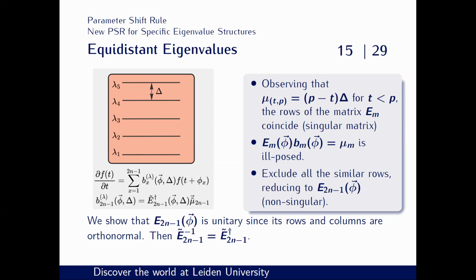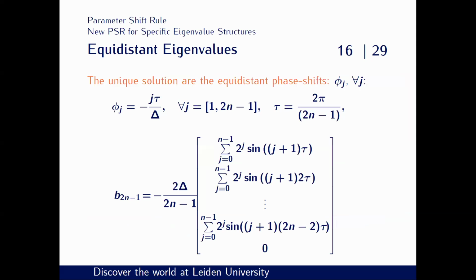And luckily, we don't even need to invert the matrix. We can just use the orthonormality condition. So the solution was really easy to get. We basically wrote this, and what we got is that the vector of B's is just this vector, and the phi's that give the orthonormality condition are equidistant.